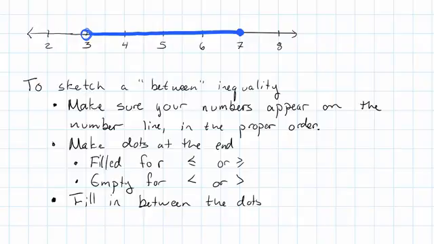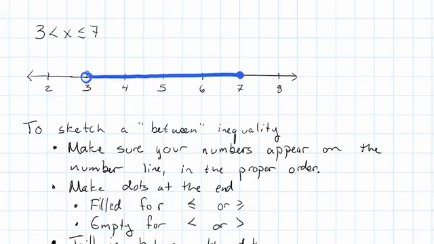Now, one important thing to remember: we can only write one of these between inequalities when the relationship that our inequalities show between the first number and the last number, in this case 3 is less than 7, is true.